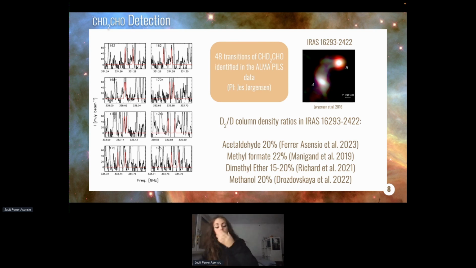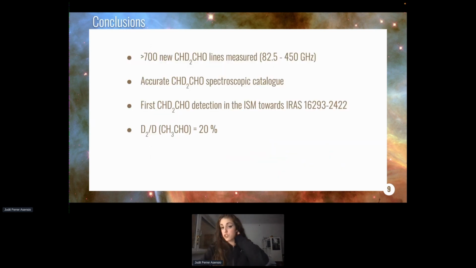So in summary, we measured 700 new lines for the doubly deuterated acetaldehyde molecule. We produced an accurate spectroscopic catalog by performing a really specific fit of these lines, taking into account this internal rotation. We were able to detect this molecule for the first time towards the interstellar medium, towards this source, the protostellar system, IRAS 16293.